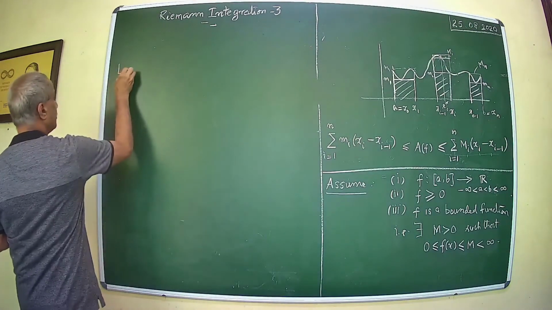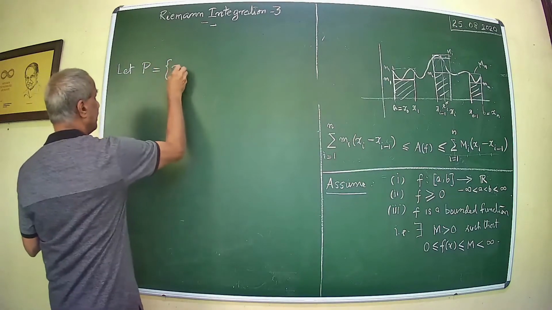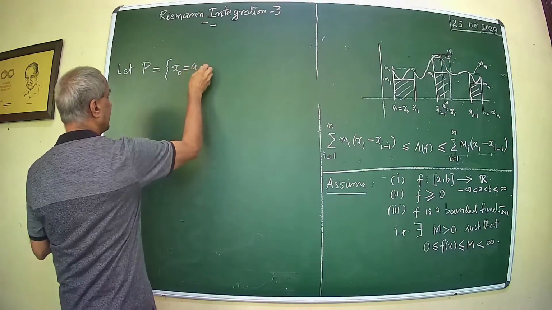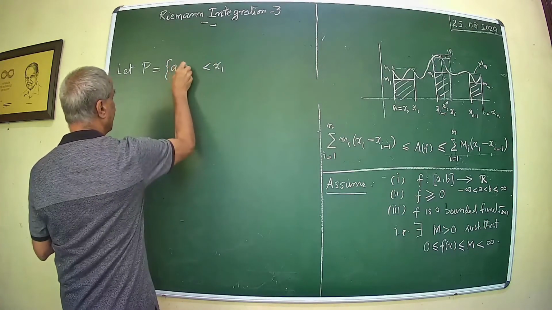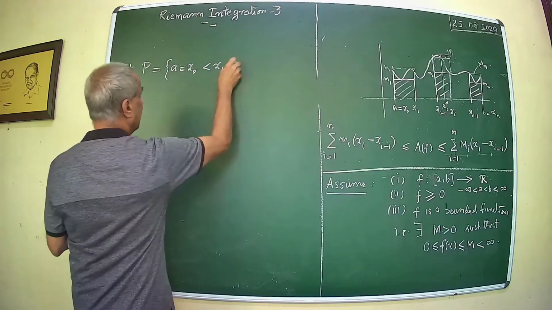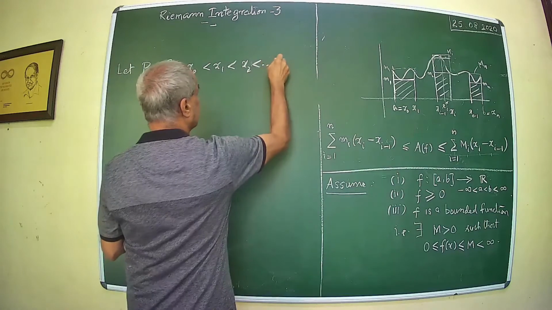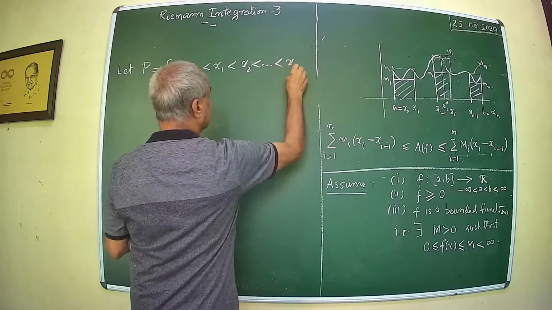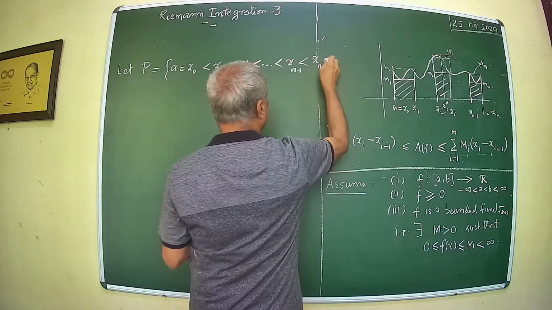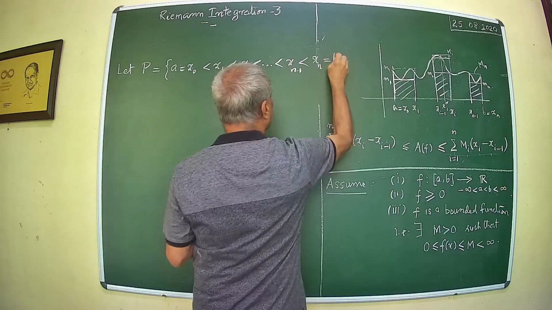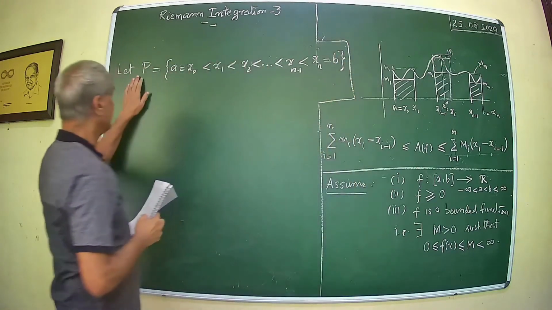So let P be a partition denoted by a equal to x0 less than x1 less than x2 less than ... less than xn minus 1 less than xn equal to b. So this partition I write P. What does it mean?